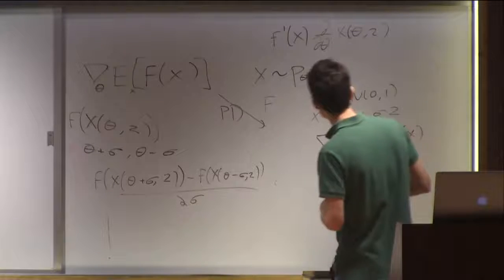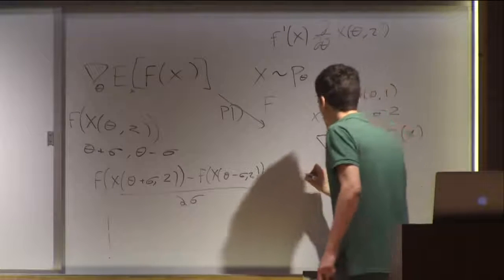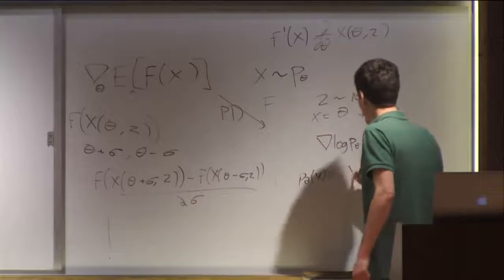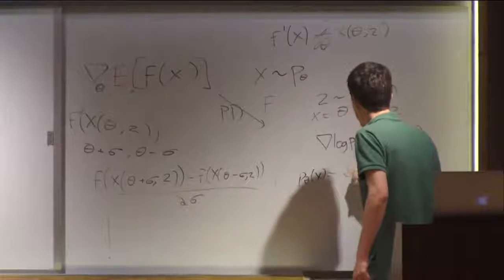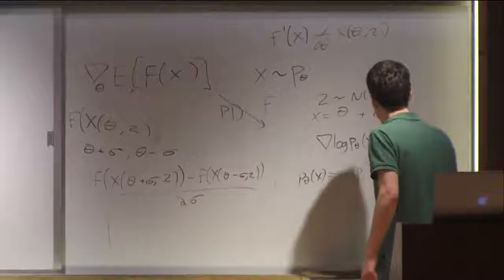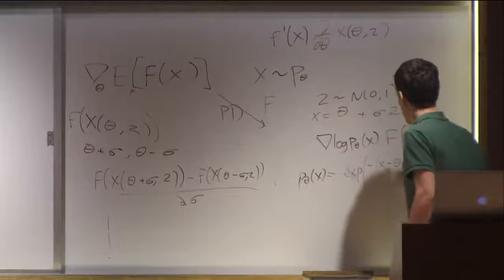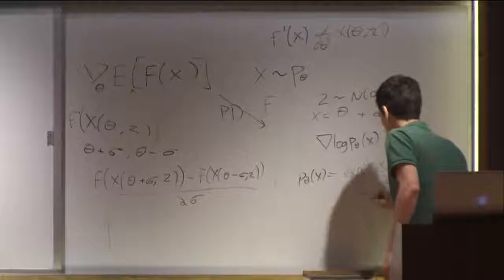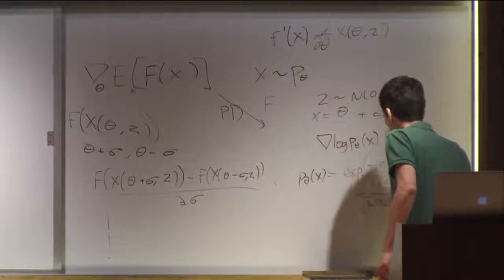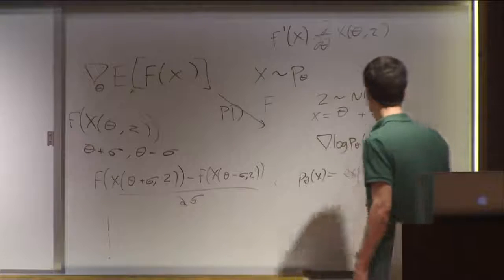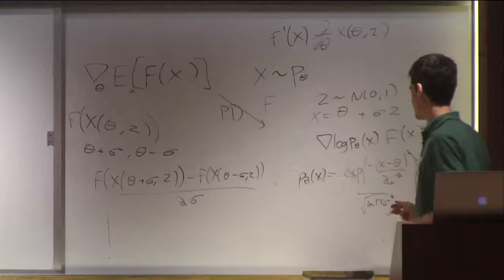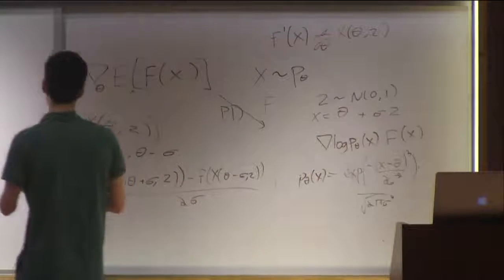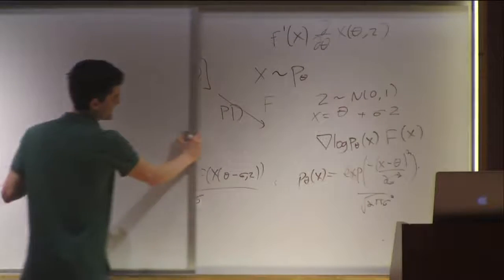So in the normal distribution, probability of x is just exponential of negative x minus the mean squared over 2 sigma squared, and this is all over square root of 2 pi sigma squared. So if we take the log probability and then we take the grad log probability, I'm going to run out of space, so I'll start writing over here.